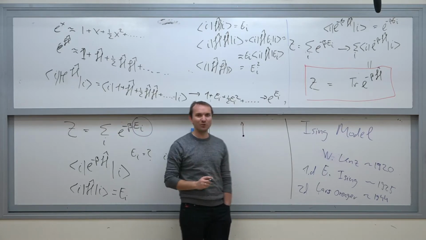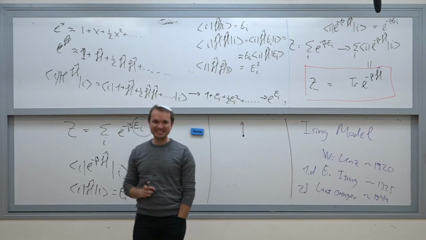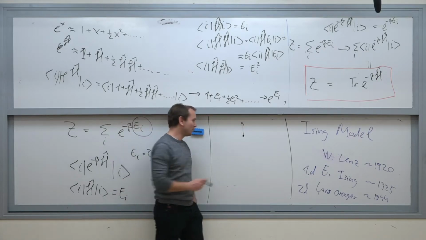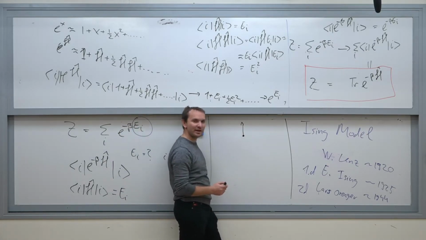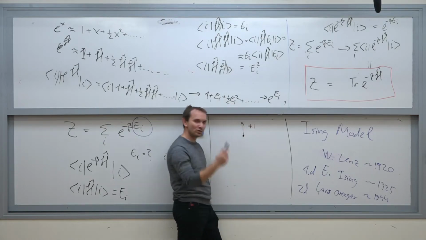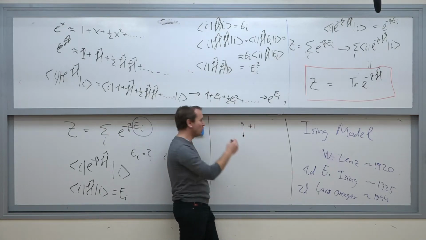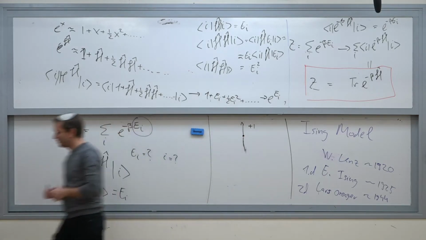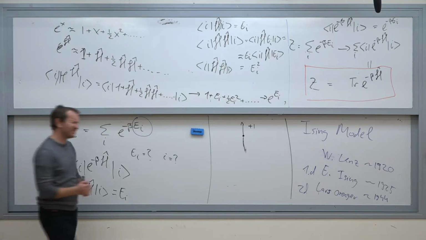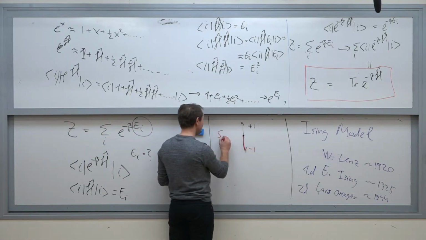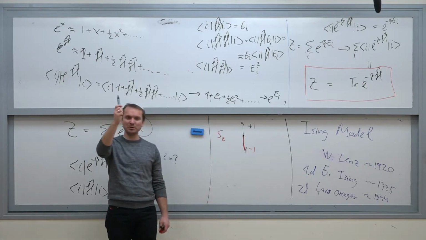We are looking at the z projection of the spin, and we claim that in our model, each particle can have a value of +1, so the spin is pointing upwards, or the spin can have a negative value, which is basically SZ = -1. And it jumps between those two values.